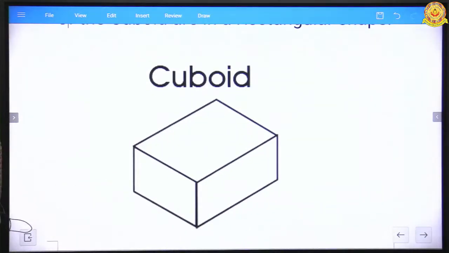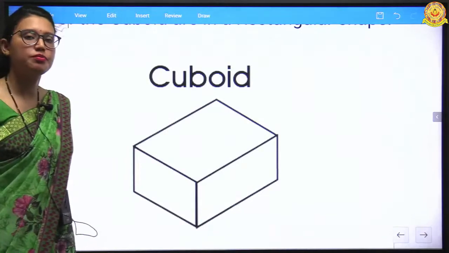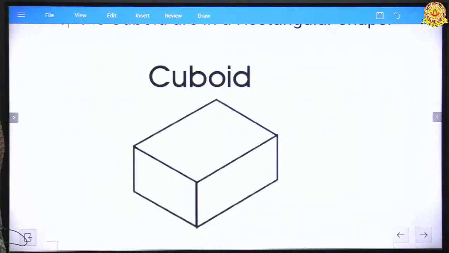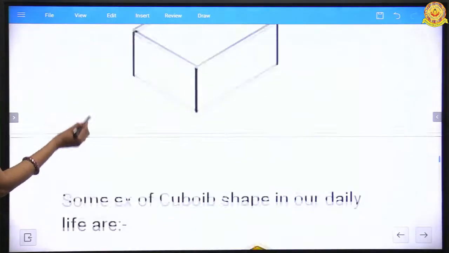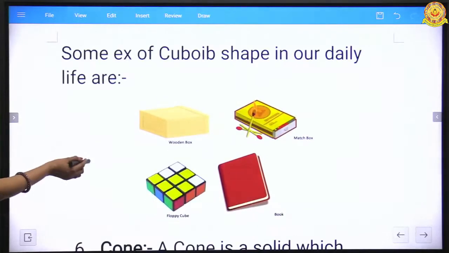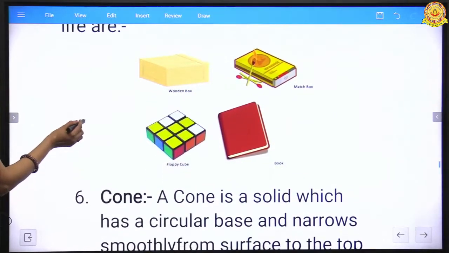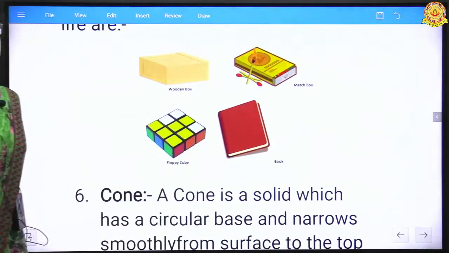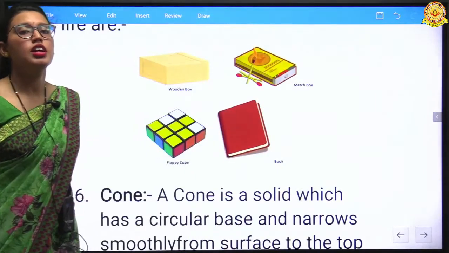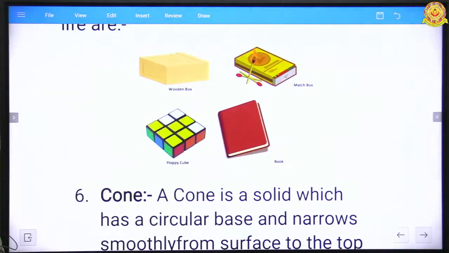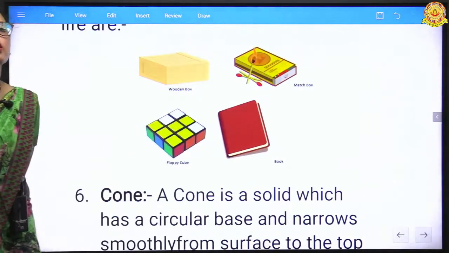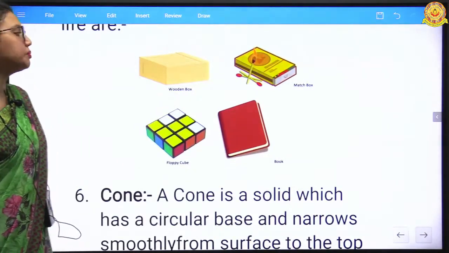Have you ever seen a cuboid shape in your life? Yes, you have seen it. Just focus on the shapes. Let's take a look at some cuboid shapes in our daily life. If you have ever seen your shoe box, it is also in a cuboid shape. If you have ever seen a matchbox, it is also in a cuboid shape.